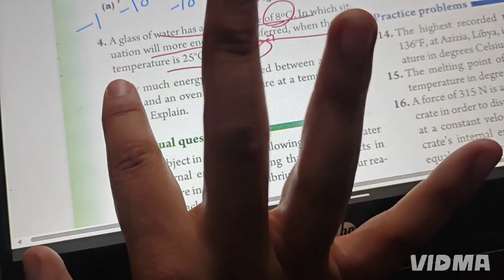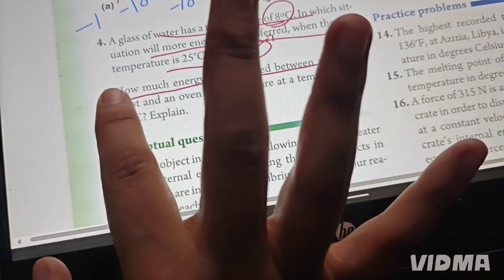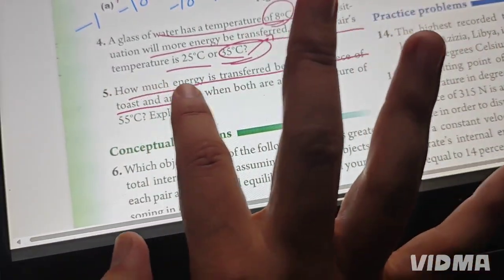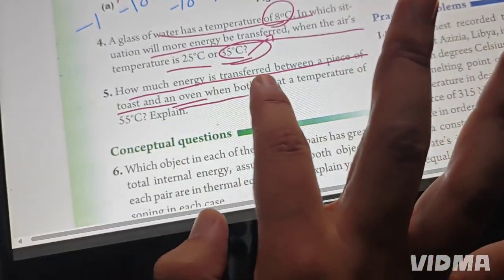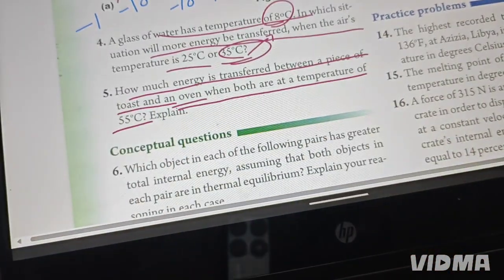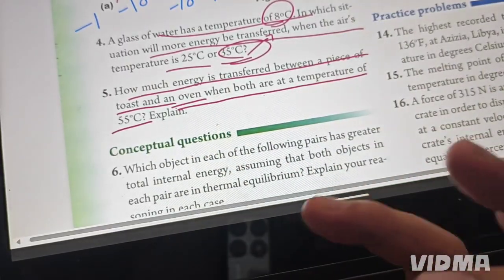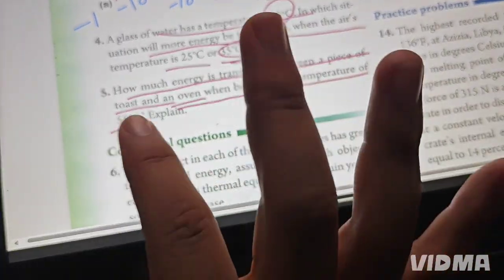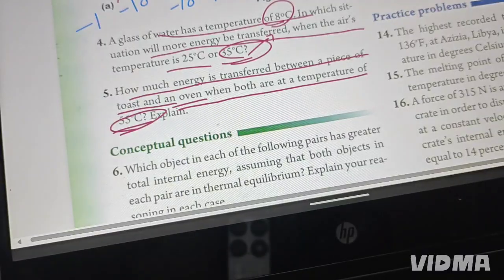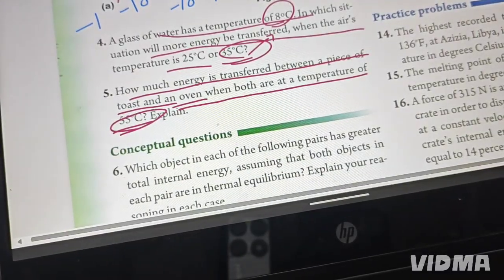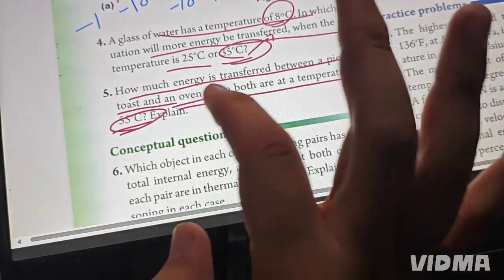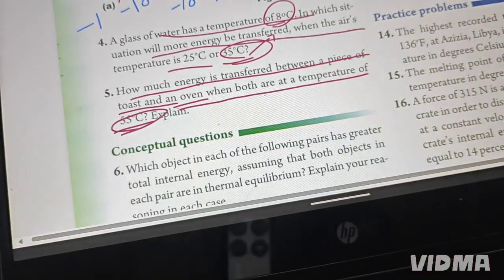Question 5. How much energy is transferred between a piece of toast and an oven when both are at a temperature of 55 Celsius? Actually, none, because we don't have energy transfer, since both of them have the same temperature.